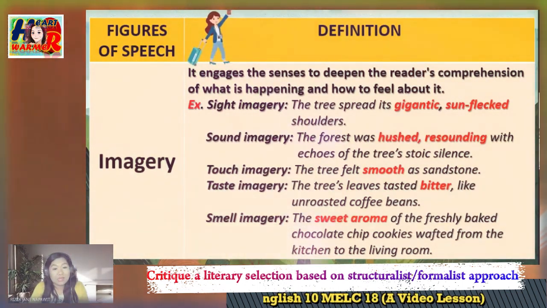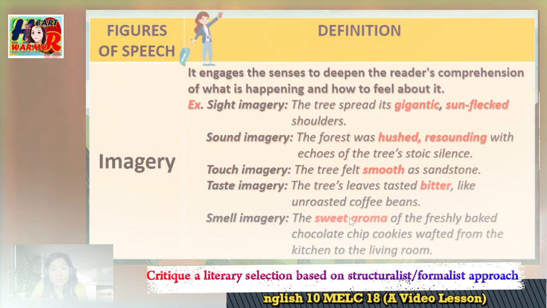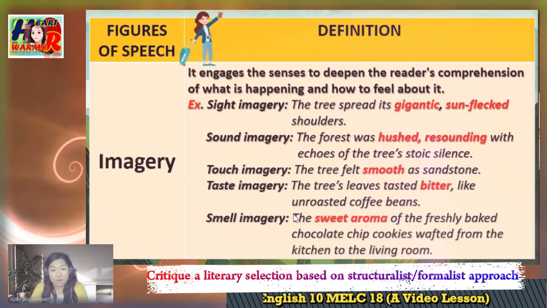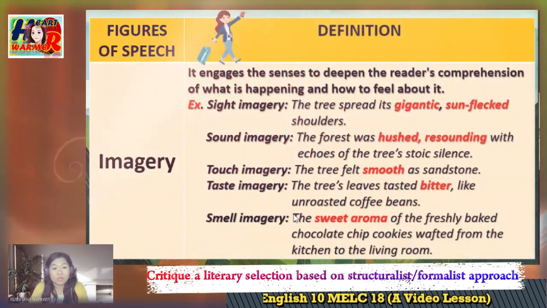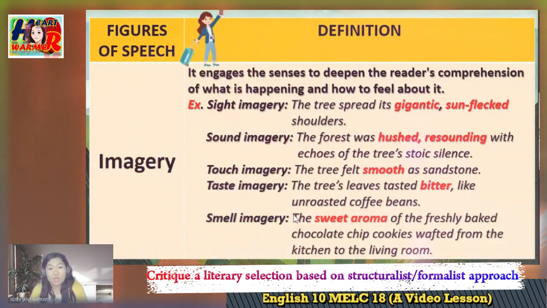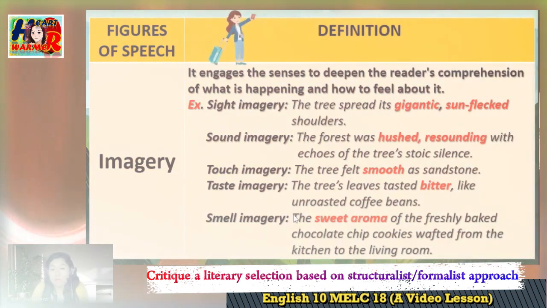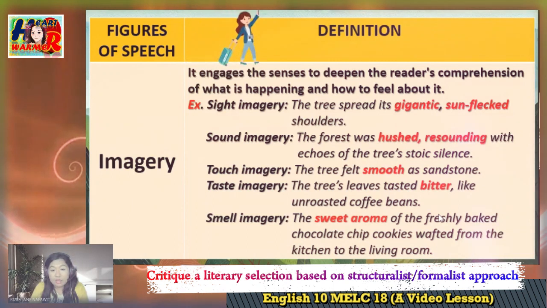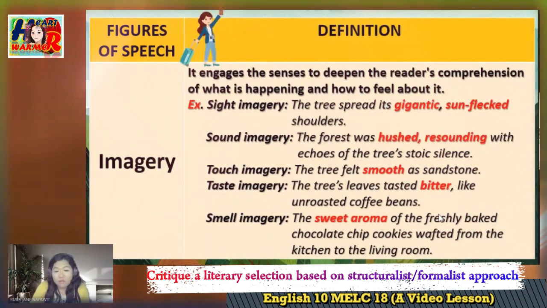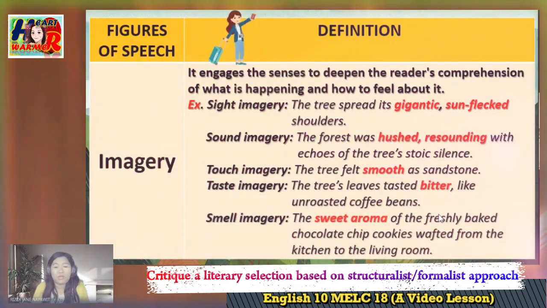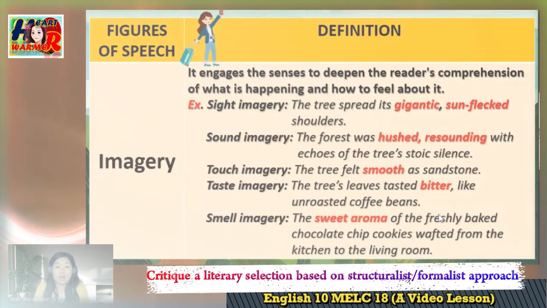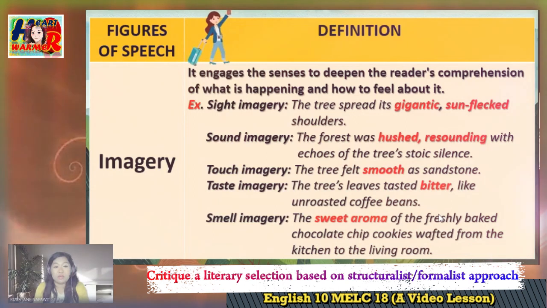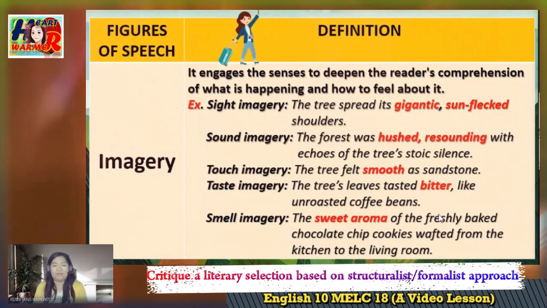The tree's leaves tasted bitter, like unroasted coffee beans. Because of the words used, like bitter, unroasted, coffee beans, it triggered our sense of taste. So that's why this is another form of imagery.